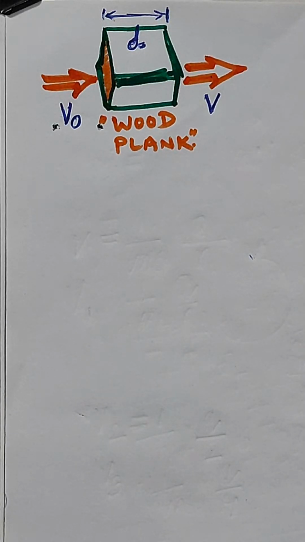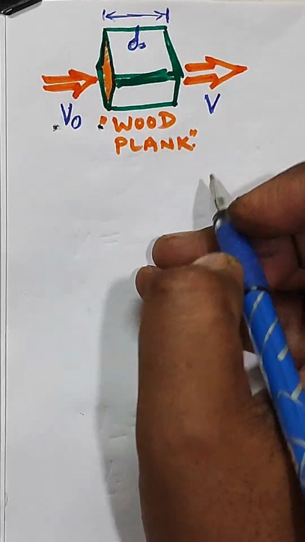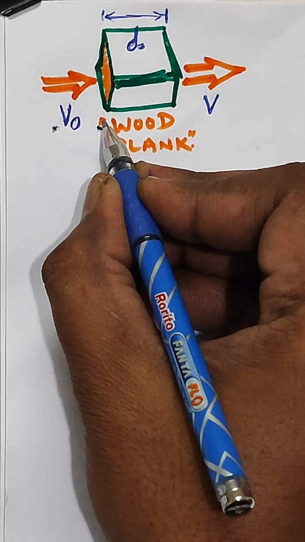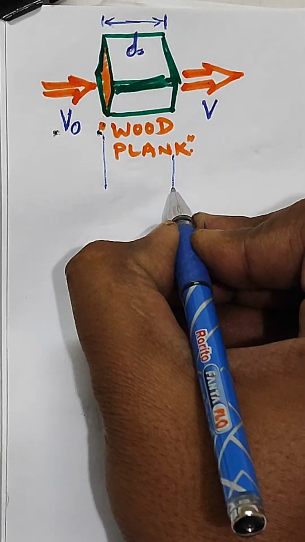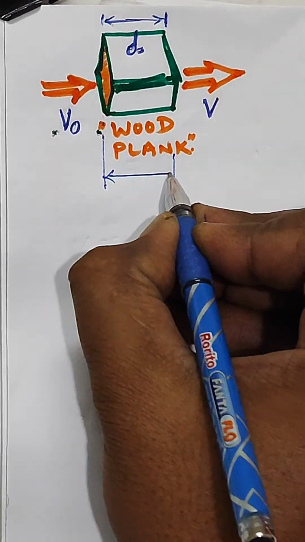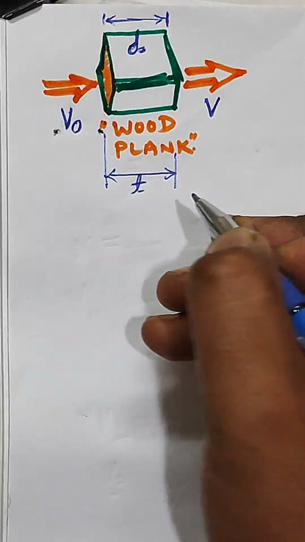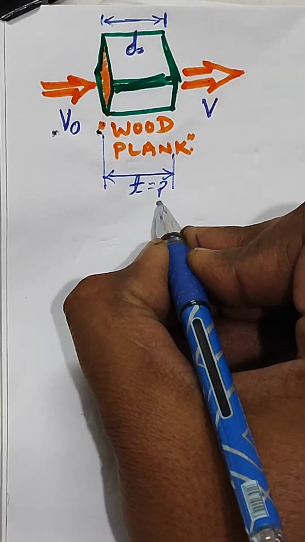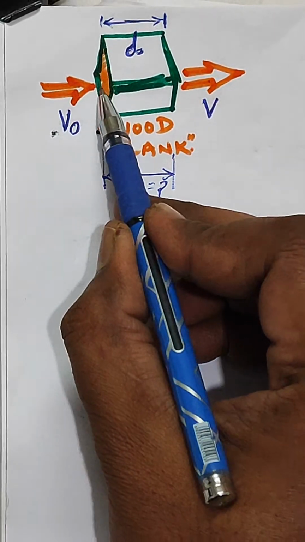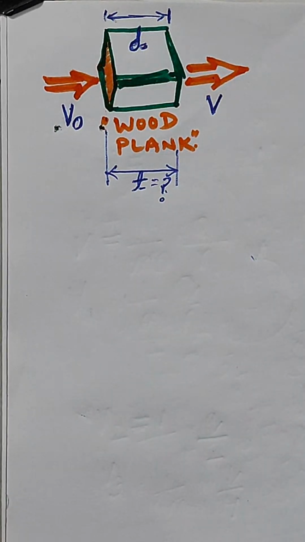And we need to find the time of motion of the bullet in the plank. So during traveling this D, the time taken is t. We need to find the value of this time, from when it enters the plank to when it exits the plank. What is the time taken, right?